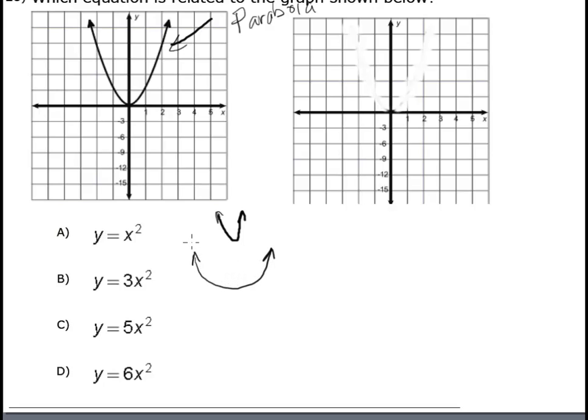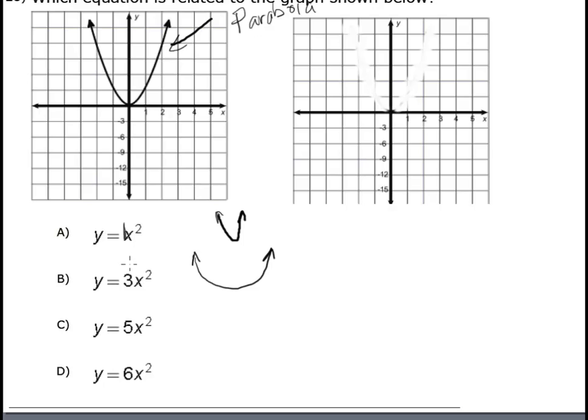It relates to the coefficient of the x squared term. For example, here we have y equals x squared, and the coefficient of x squared, when there's no number before it, is always 1, and we talked about that today.